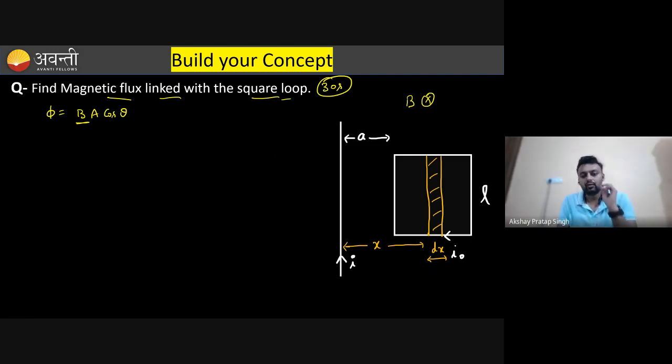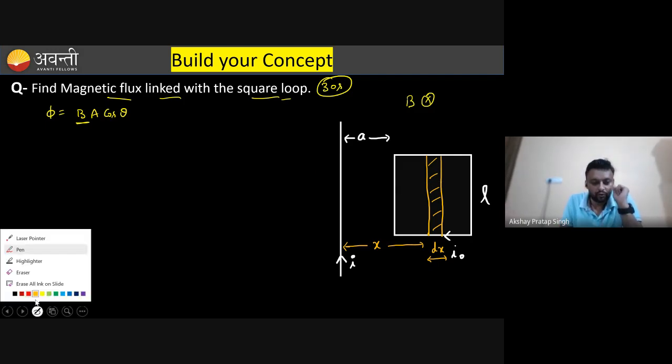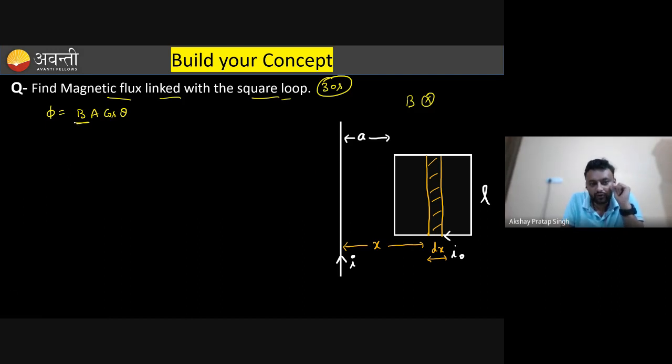Now what I will do is calculate the flux for this small area and then integrate it with the proper limits. Clear? Okay. Before calculating the flux, can you see that we need to find the magnetic field? So what is the magnetic field at the location of this small area?